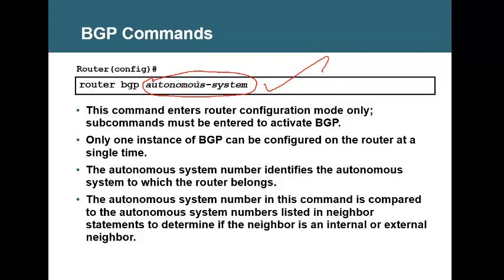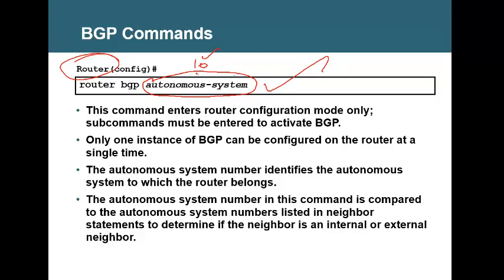Now, router BGP autonomous system, let's say 10. What does that mean? It means that this router belongs to the group called 10. Your neighbor company may be autonomous system 20. So, to identify the routers of the company, we put all our routers in the same number to form an autonomous system group.